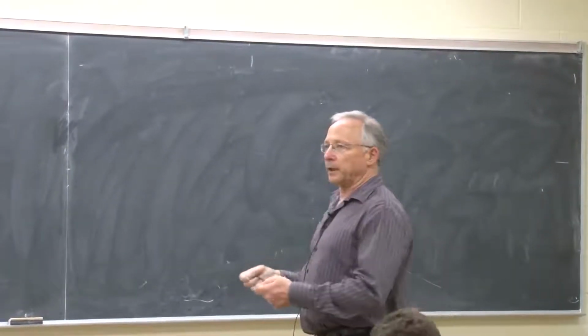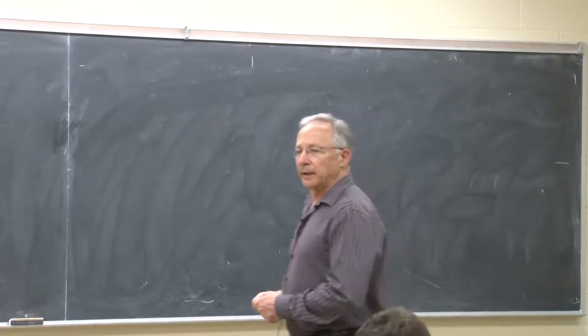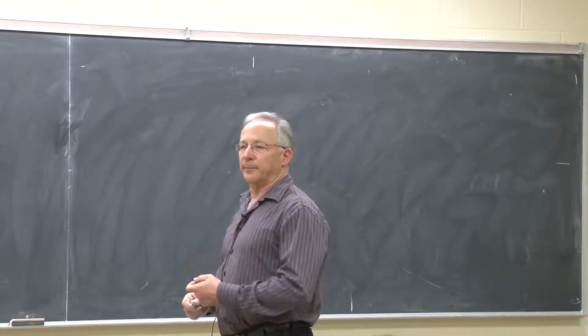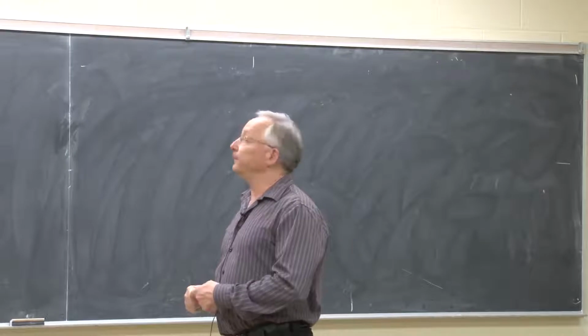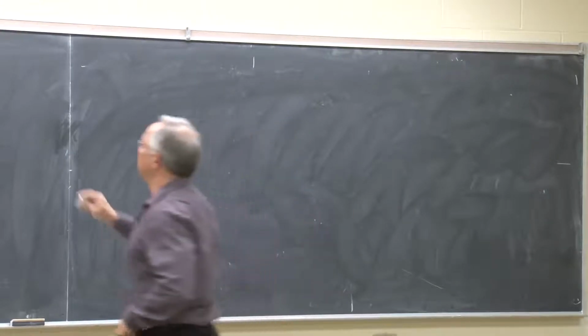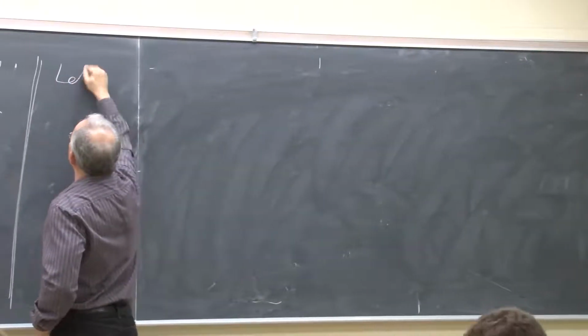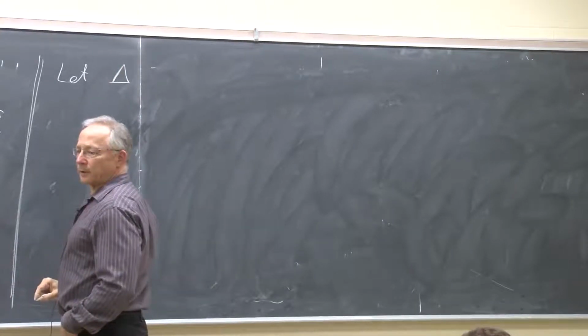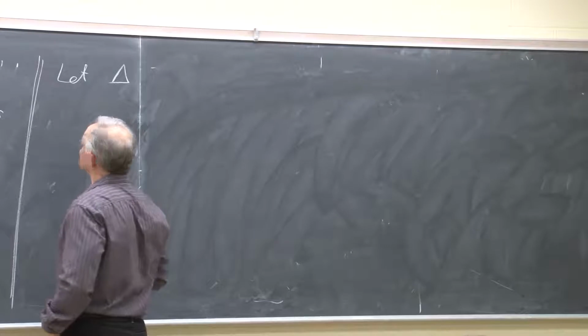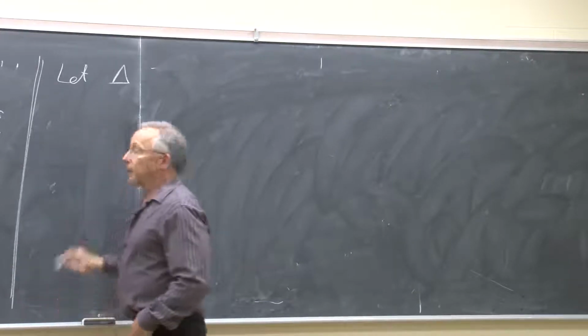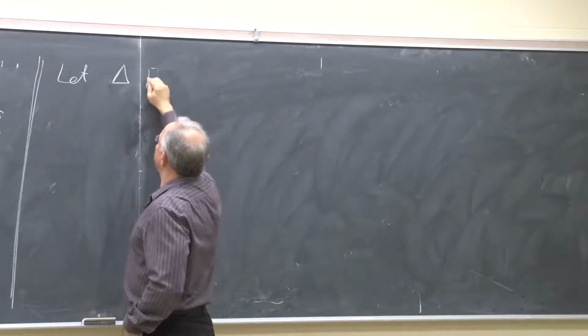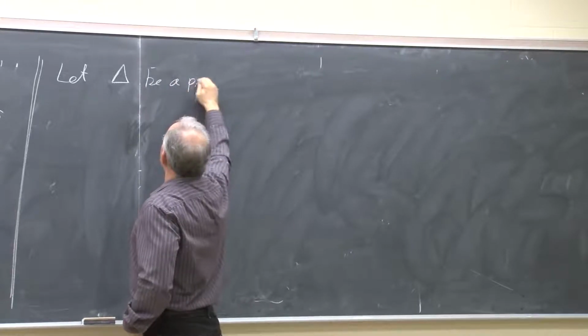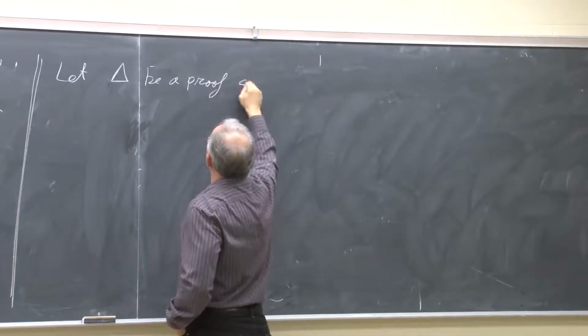But just to make the connection, just note that if we have a proof system such that... I use the delta because I think that's the notation that the Anderton book uses. Let delta be a proof system.